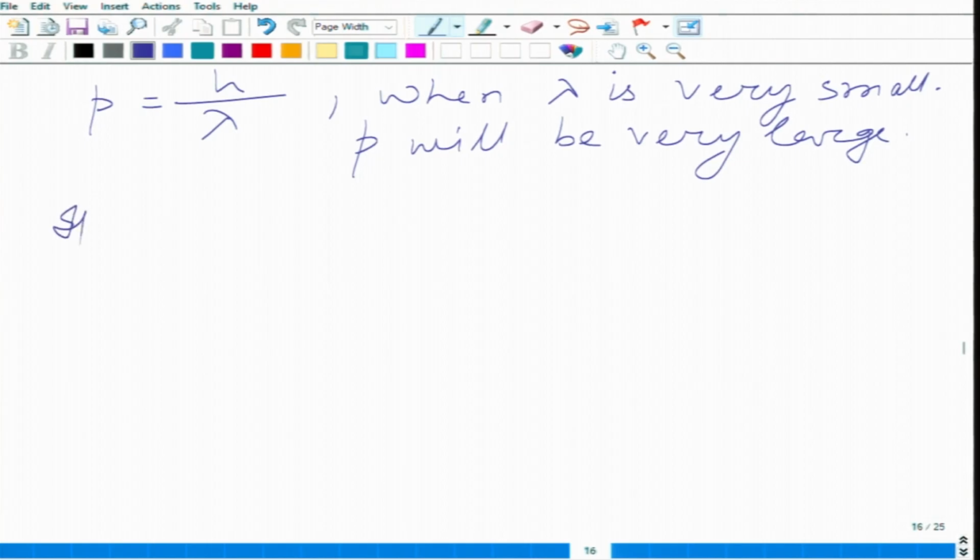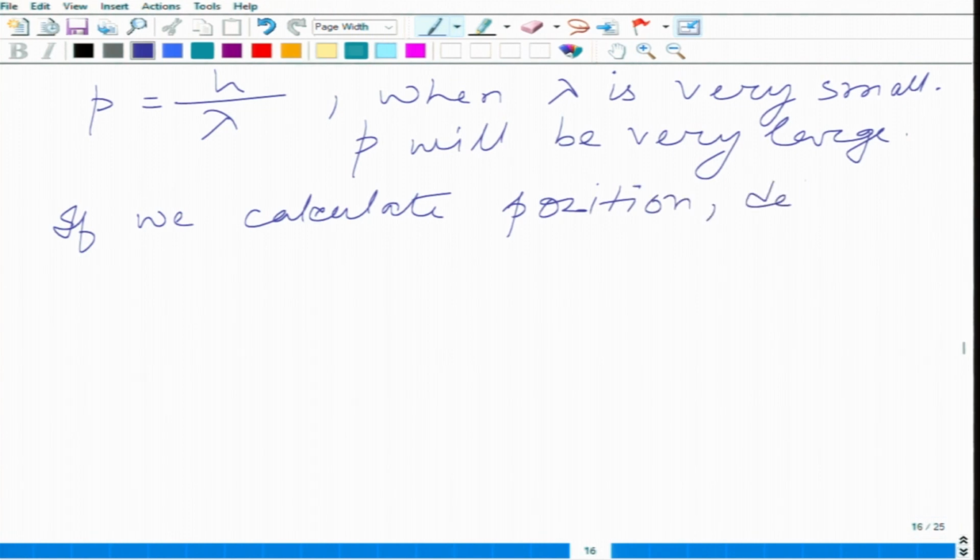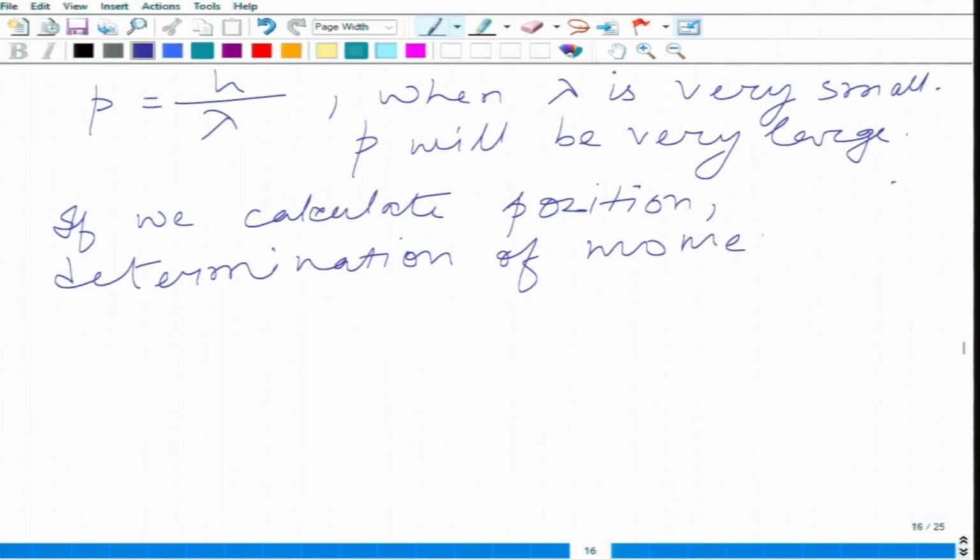So if we calculate the position, determination of momentum is not possible.